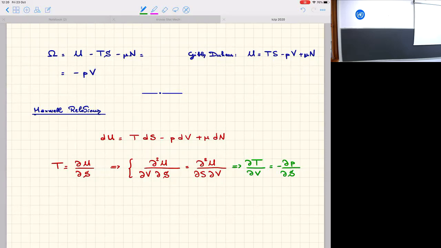These are the three things that you remember. In other words, pressure is conjugated to volume. They're like couples: pressure is conjugated to volume, entropy to temperature, chemical potential to number of particles.